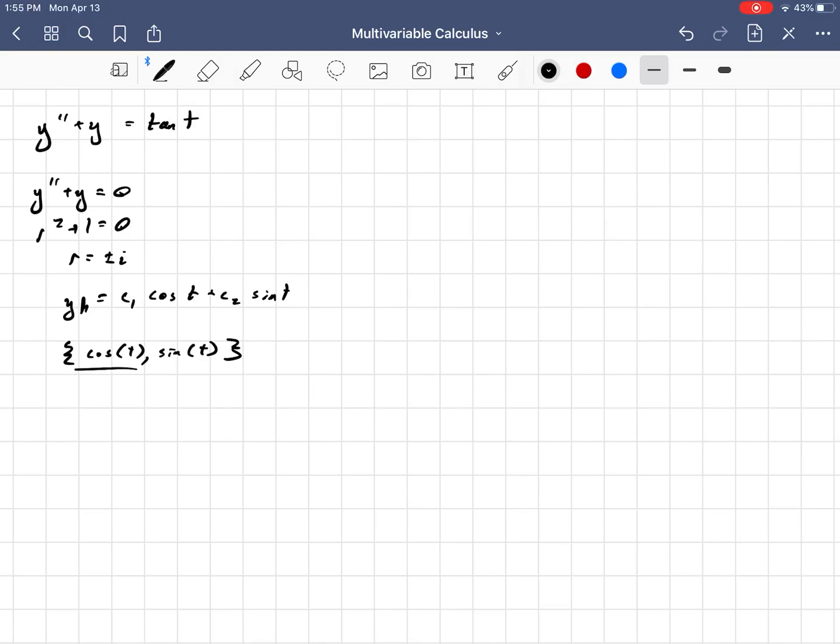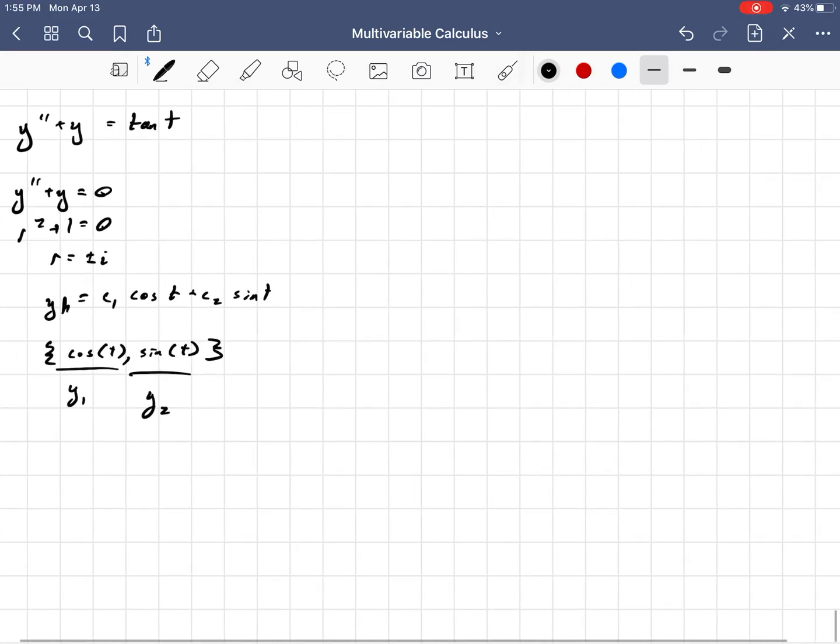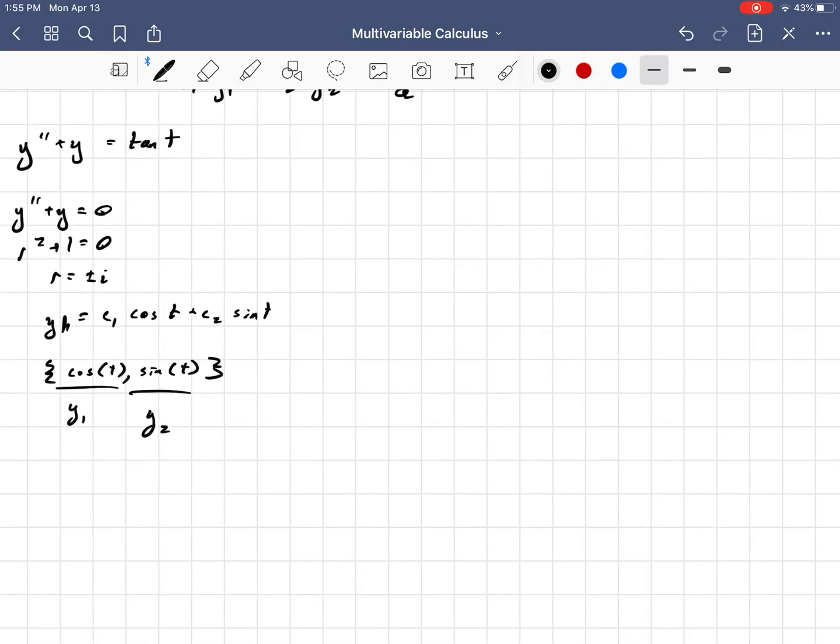So our fundamental solution set is cosine of t, sine of t. And I'm going to let cosine of t be y sub 1 and sine of t be y sub 2.